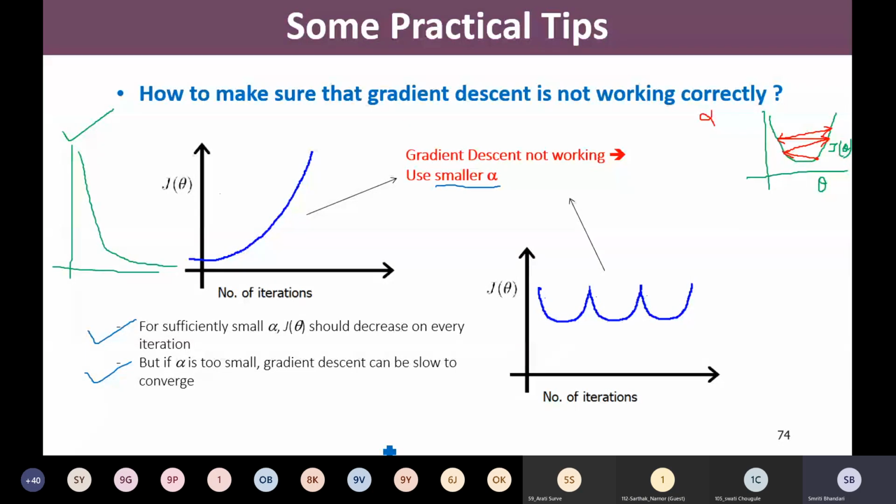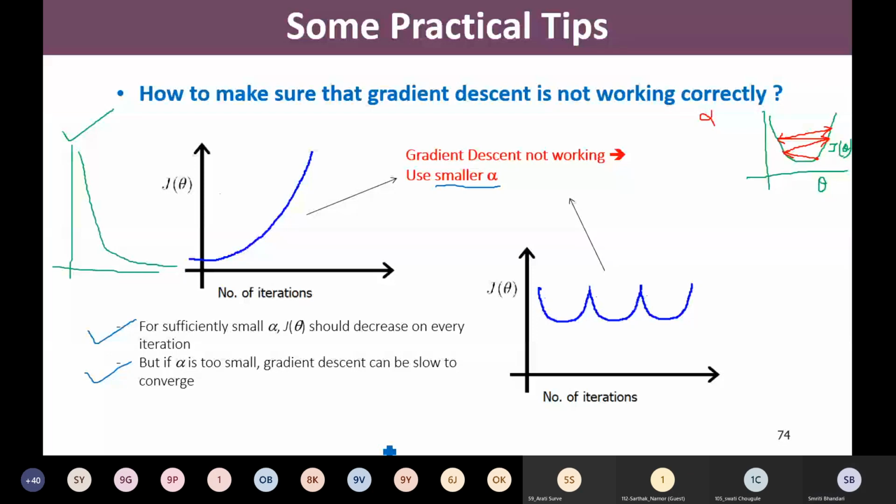See, once again, whatever is my data, not necessarily for all kinds of applications we need to make use of the same value of alpha, right? So we need to experiment.